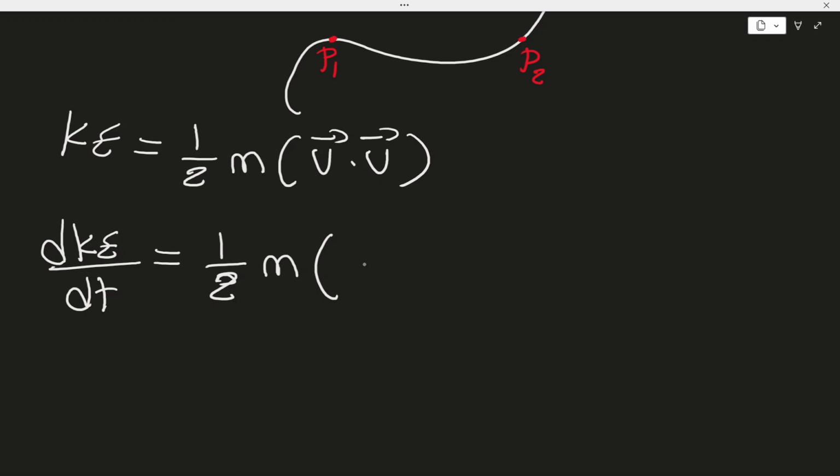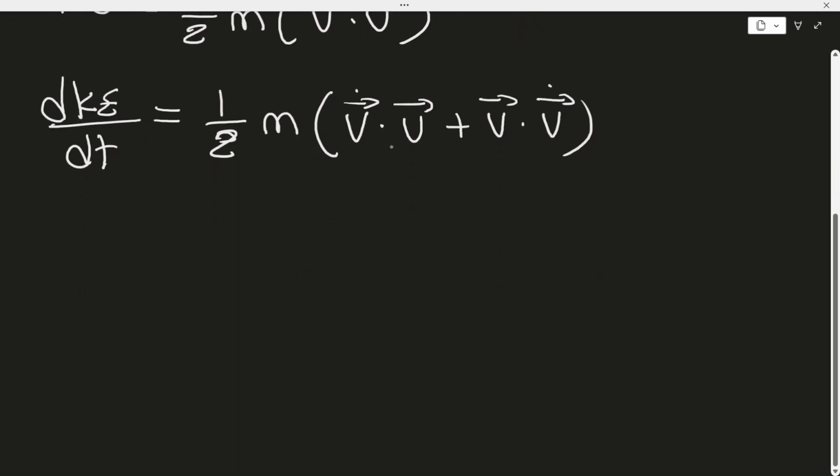So that is the acceleration dot the velocity itself plus the velocity itself dot the acceleration. Now we can sum these two because they're identical. It's a dot product, not a cross product, so the variables can be interchanged.